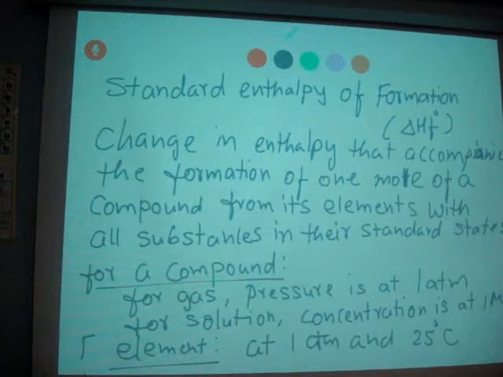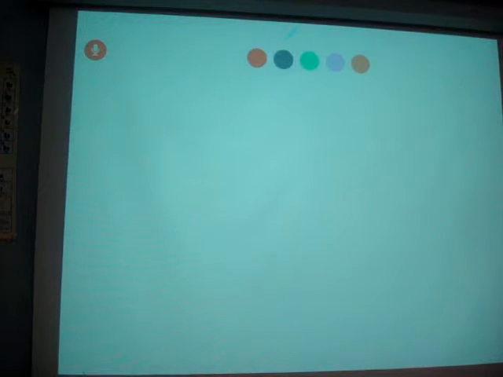Now, let's see how we solve for this. I'm going to give you an equation and then we'll follow one example. Now let's say, how do we calculate delta H0 for the reaction? I'm going to write Rxn for reaction.